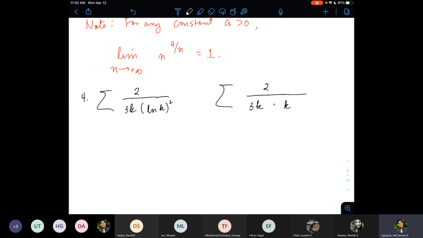Let me see if this will work. So I have, okay. Note that ln k is smaller than k. That won't be conclusive either.